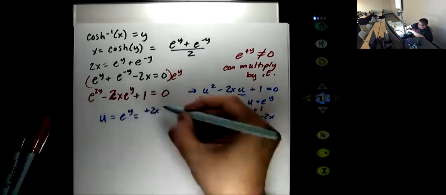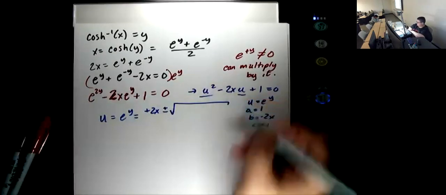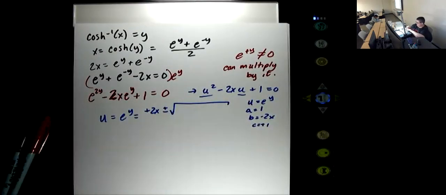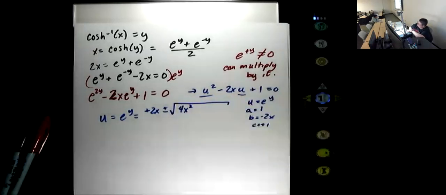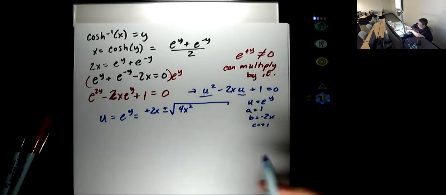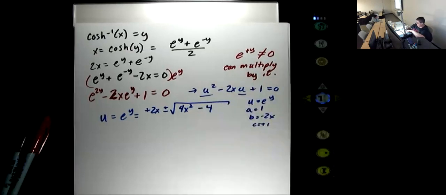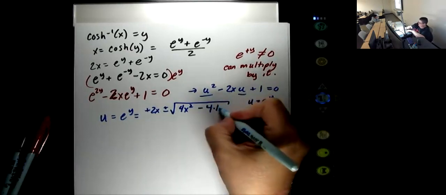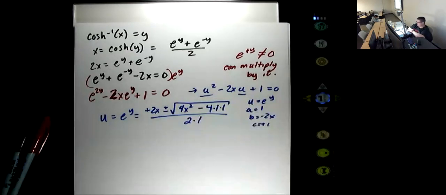Then I've got plus or minus the square root of b squared, which would be 4x squared, minus 4ac, which is going to be minus 4. I'll write it out like that real quick. Then we're all over 2a, which is 2 times 1.